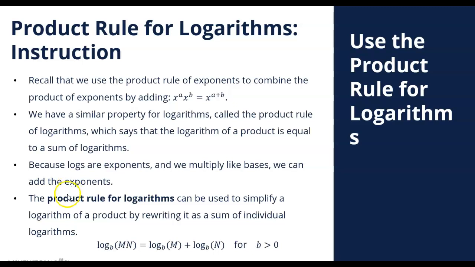Therefore, the product rule for logarithms can be used to simplify the logarithm of a product by rewriting it as a sum of individual logarithms. The product rule for logarithms is given by this formula. The logarithm of mn base b is just equal to the logarithm of m base b plus the logarithm of n base b. And this is true for all b greater than 0.